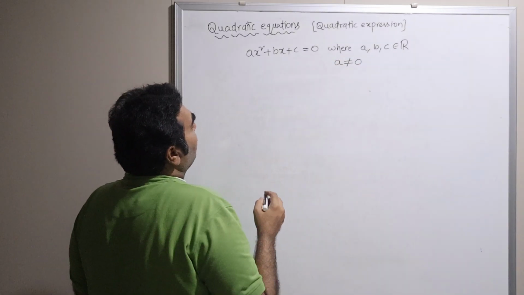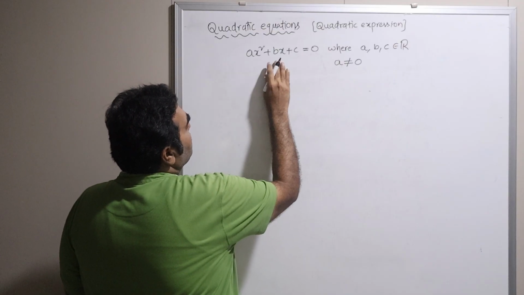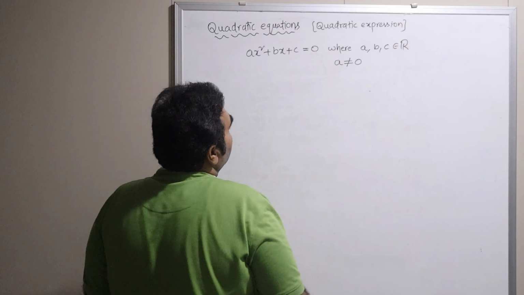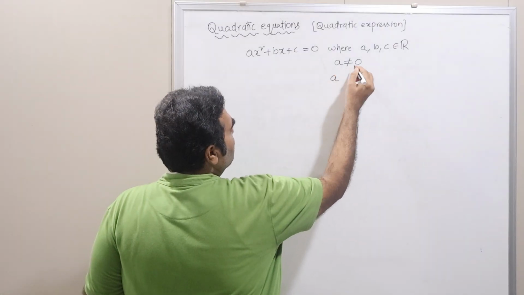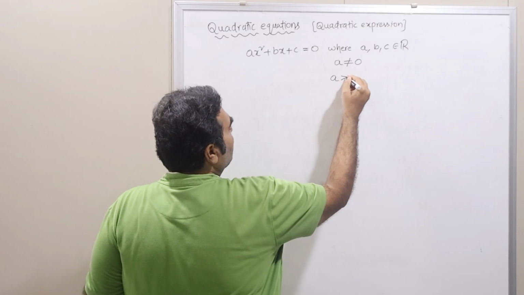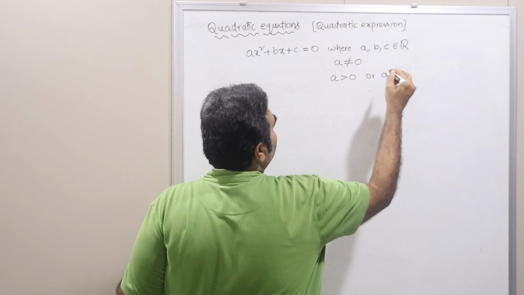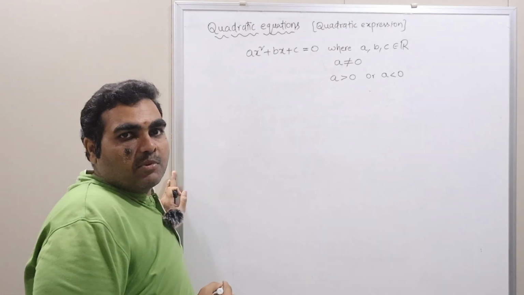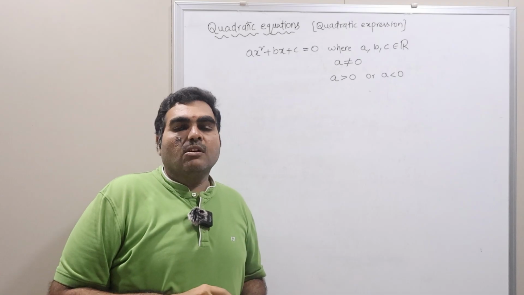So now, if you see ax square plus bx plus c is equal to 0, this is the general form. And how does it matter? a is not equal to 0, that means a greater than 0, or a less than 0. I'm not saying a is always positive, and I'm not saying a is always negative.